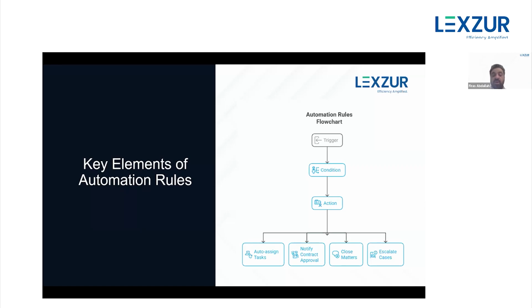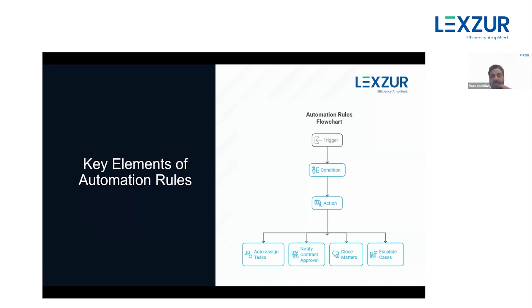specific criteria. So the third block is the action, or actions, similarly to a condition or more conditions. The actions execute predefined tasks. For example, assign a case to someone, send an email notification, update a status.